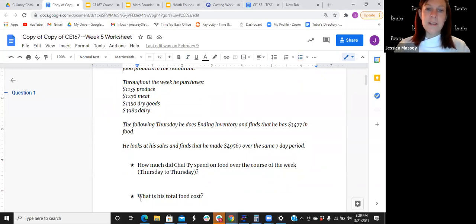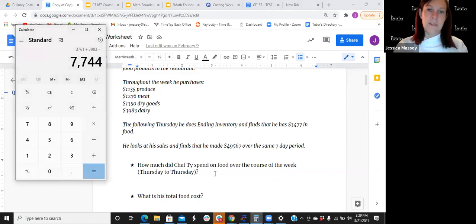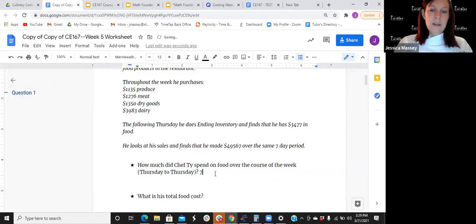Our second one: what is his total food cost? Your total food cost is your beginning inventory plus your purchases minus your ending inventory. You just found out what our purchases were, which was 7,744.